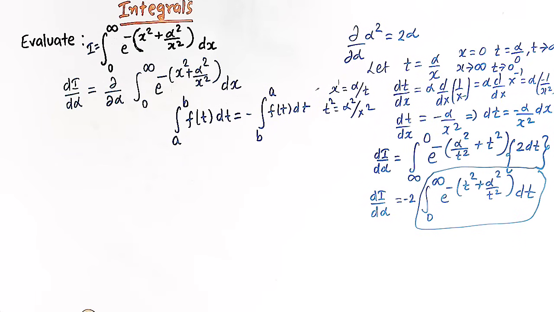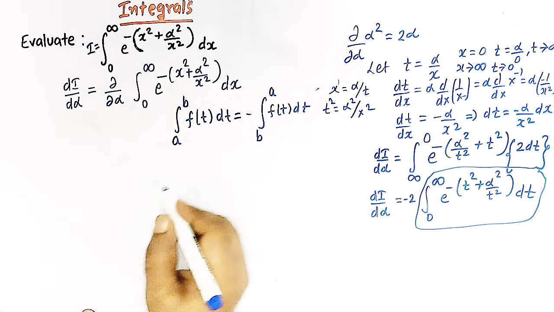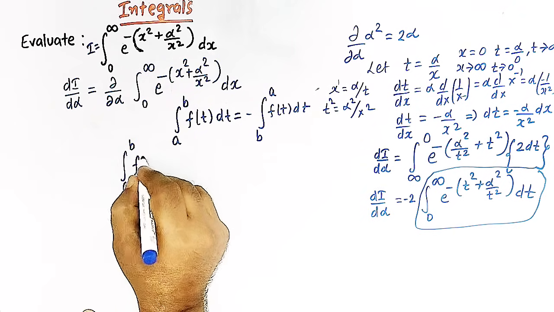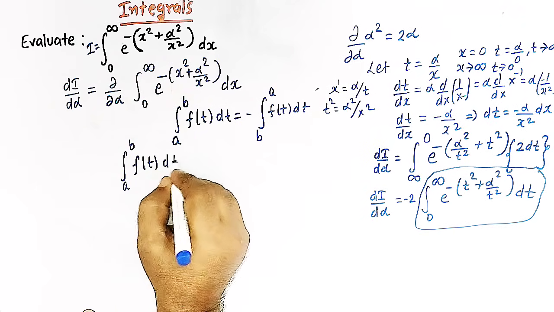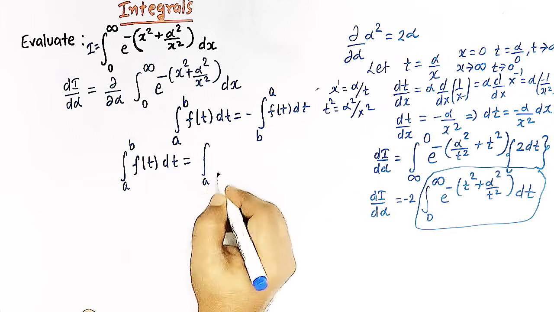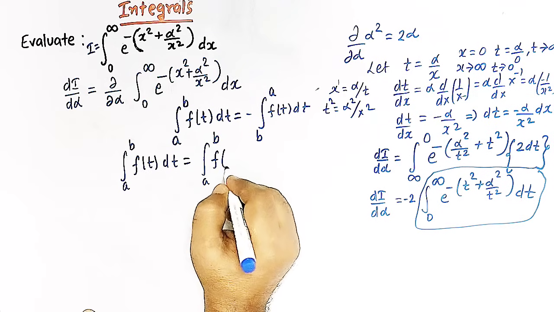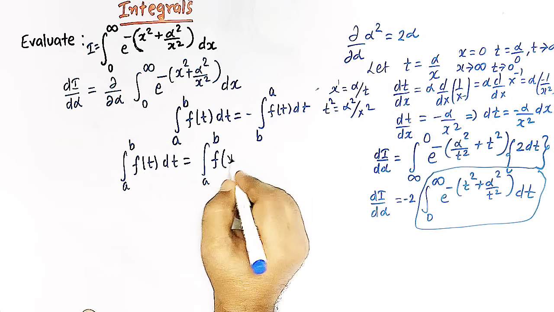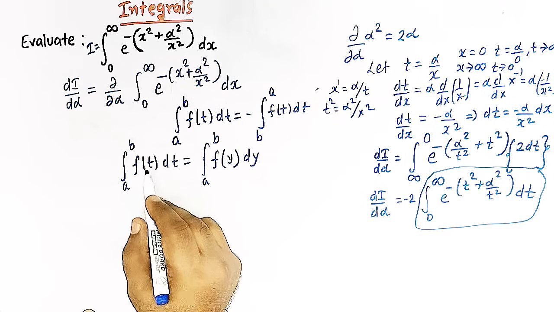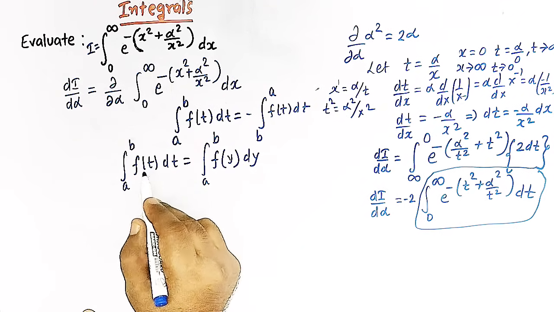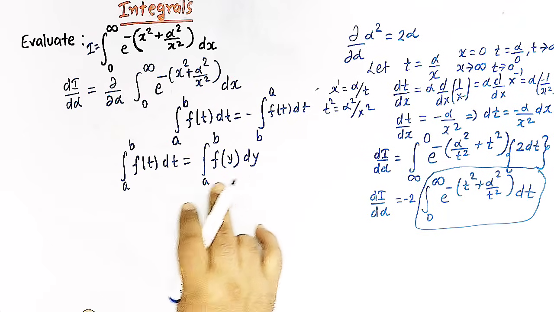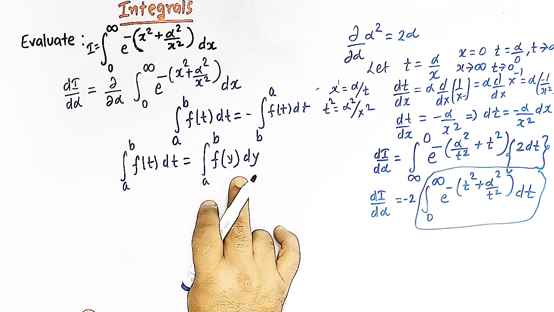So from the dummy variable property of definite integrals, that is, if we have the integral from a to b of f of t dt, then the value of this integral is the same as the integral from a to b of f of, say, y dy, right? So if we change the variable, the value of the definite integral doesn't change, right?